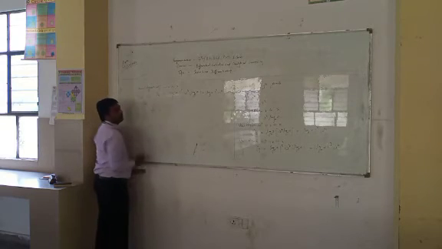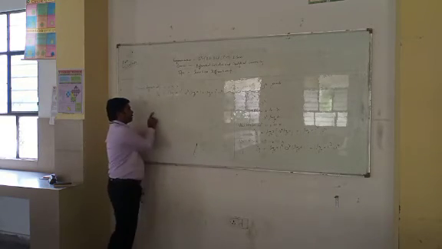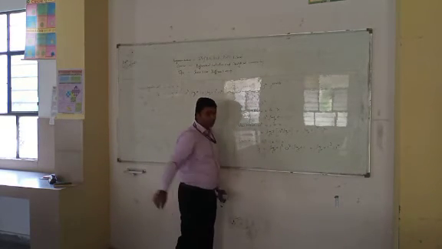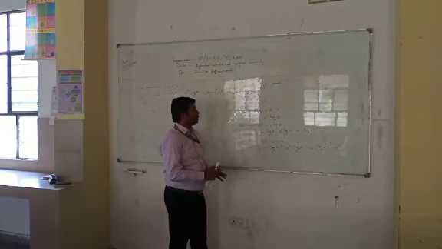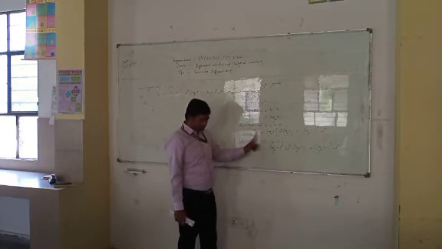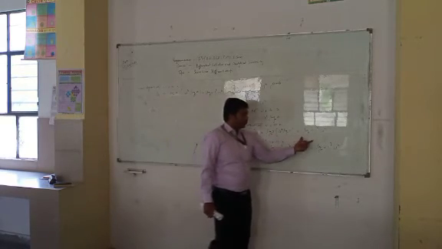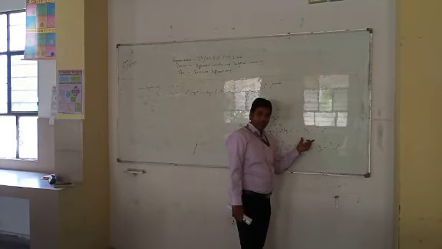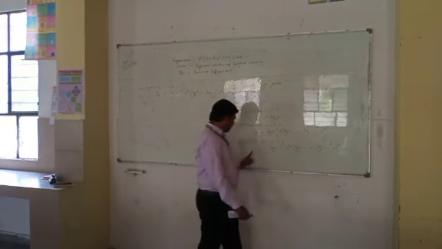write the nth derivative of a to the power x. Now we notice here, the first derivative has only log a to base e as a constant. In the second derivative, log a to base e to the whole square is the constant.